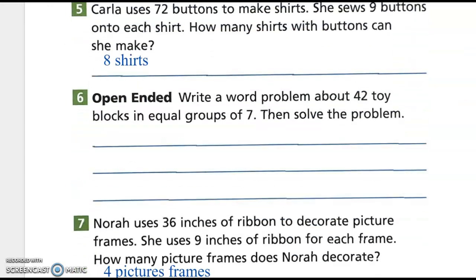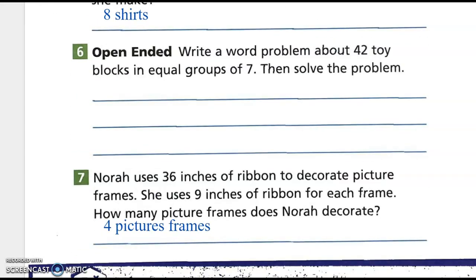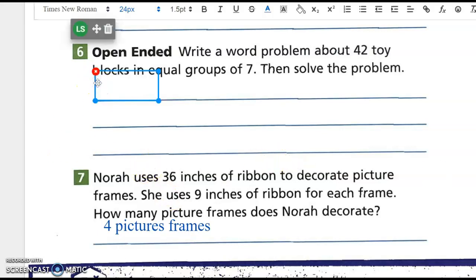Okay, we're going to go down to number 6. It says write a word problem about 42 toy blocks in equal groups of 7. Solve the word problem. Okay, so we could say that Hayden has 42 toy blocks, right? What is Hayden going to do?